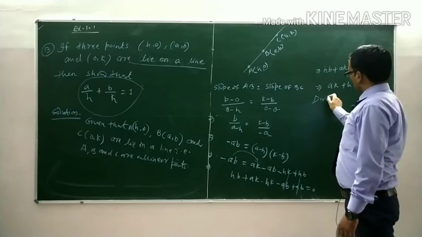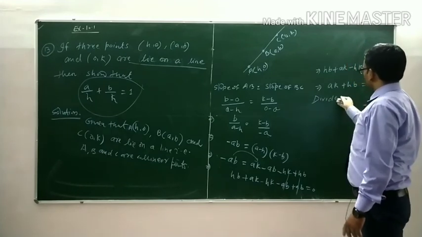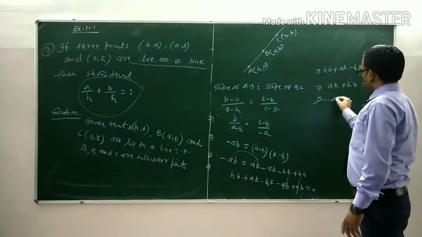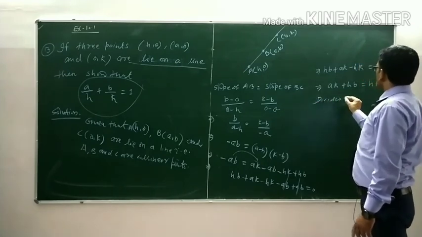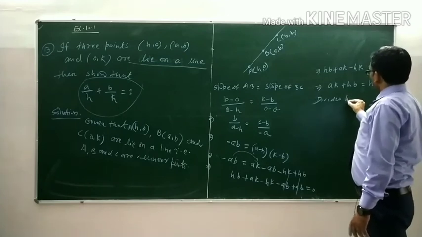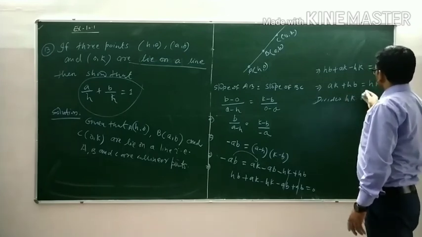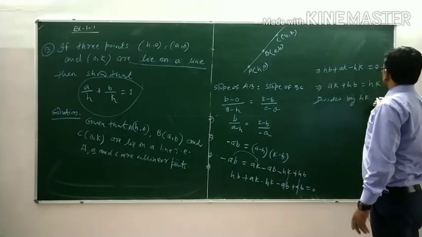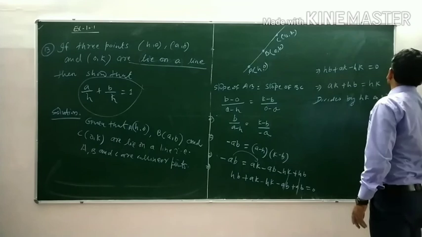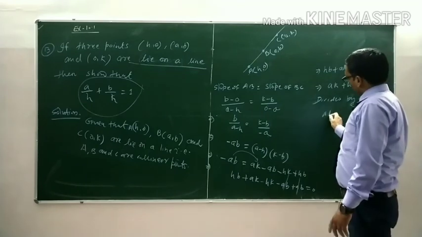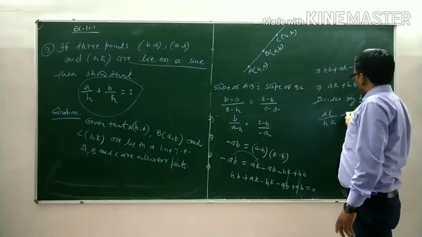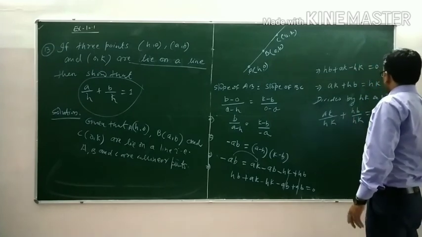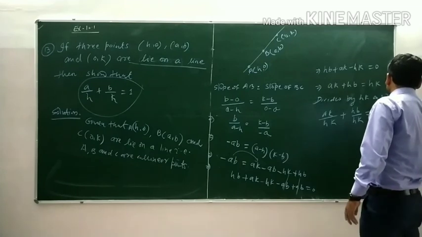Divide by hk on both sides. ak upon hk plus hb upon hk equals hk upon hk.